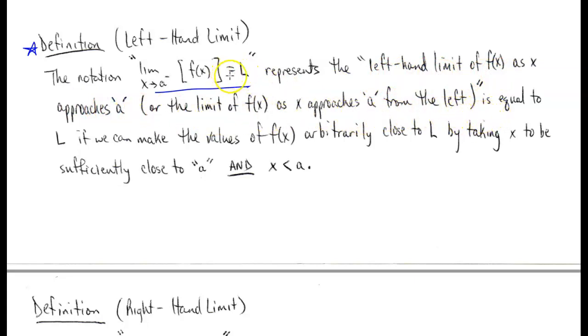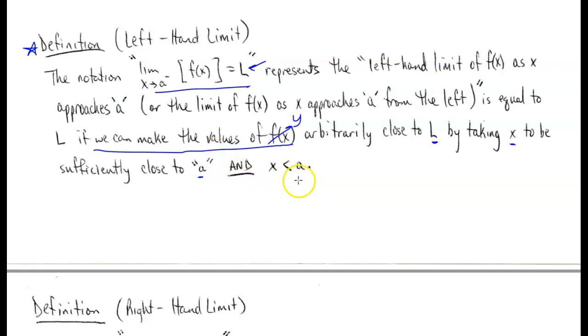And we know from a precise, or I should say informally precise situation, that the limit of this function as x approaches a from the left is going to equal this real number L if we can make the values of f of x, so when you see this, think of y values, arbitrarily close to this limit value L here, by taking x to be sufficiently close to a, where x is always going to be less than a.